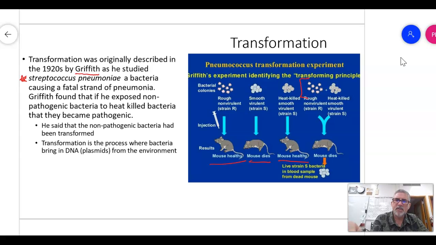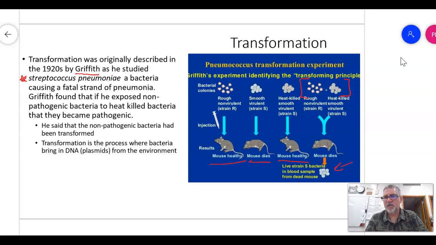He mixed the non-virulent, rough textured bacteria with the heat-killed smooth bacteria and injected them into the mouse. And then the mouse dies, but the resulting bacteria that are left when he looks at the mouse are all smooth. So he said that something must have happened to transform the rough bacteria into smooth bacteria.